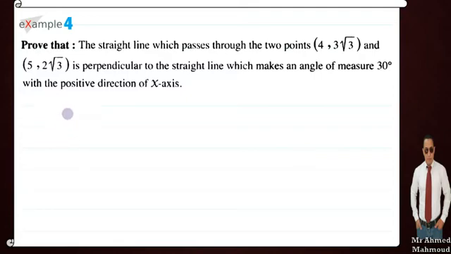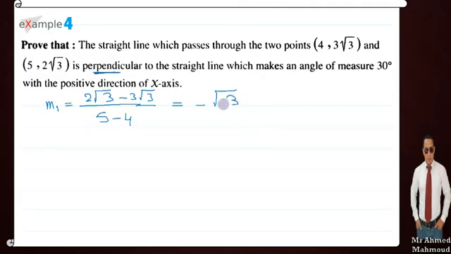To prove that they are perpendicular, I will find m1 and m2. m1 equals y2 minus y1 over x2 minus x1, which is 2 root 3 minus 3 root 3 over 5 minus 4. This equals negative square root 3.